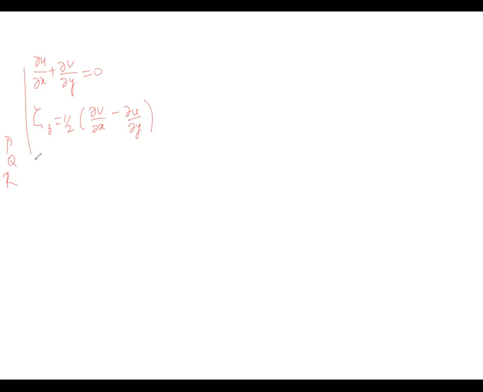For P, the U value is 2y, V equals minus 3x.